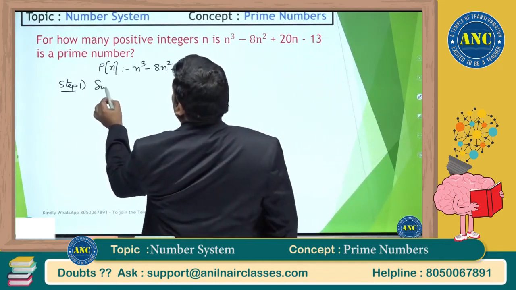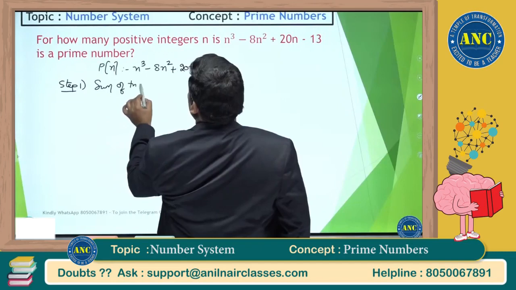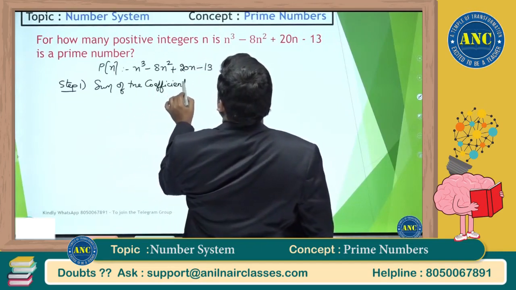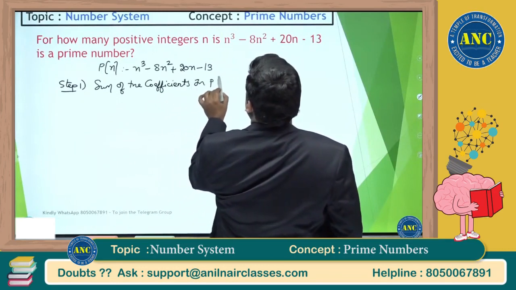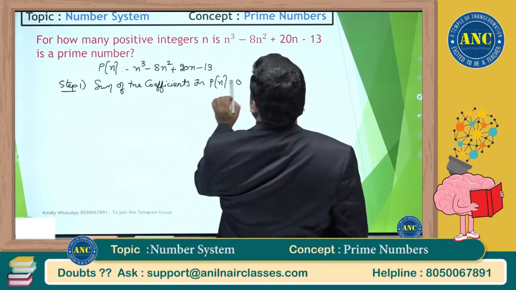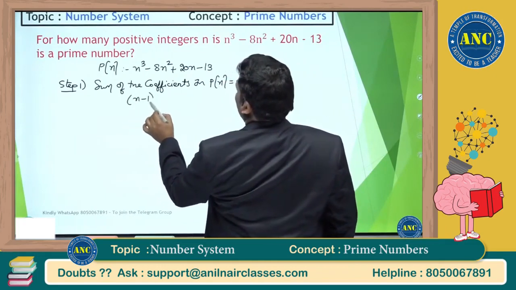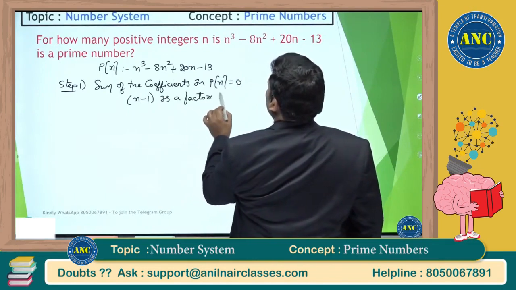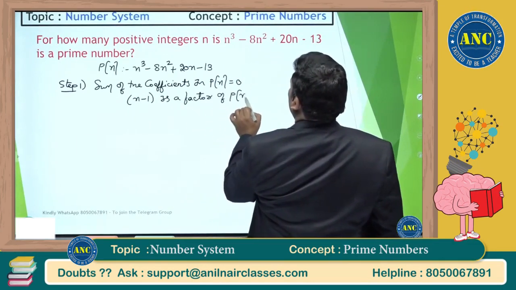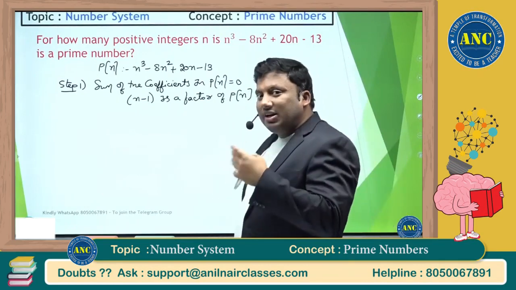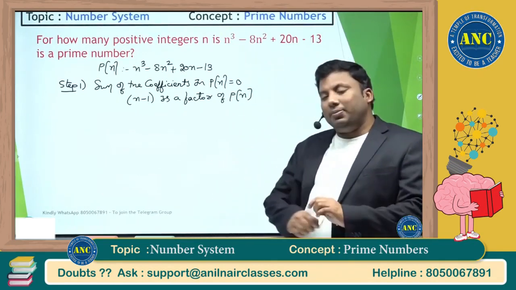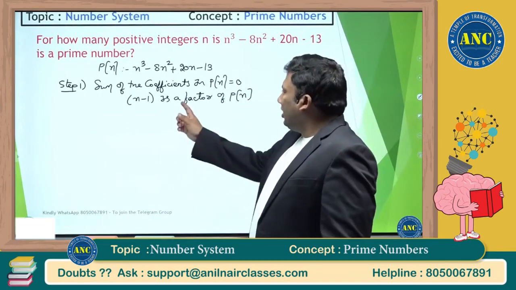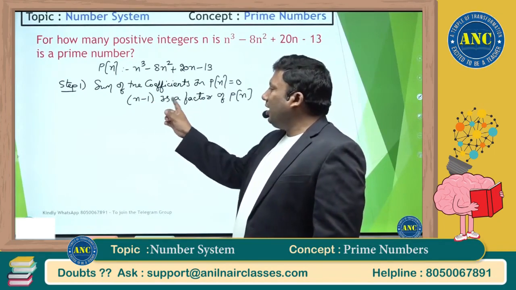That is, if the sum of the coefficients in P of n is equivalent to 0, then n minus 1 is a factor of P of n. The first and most important key point I will discuss in detail in the remainder theorem, algebra session number 3 or 4. Why is n minus 1 a factor? Right now only I will explain.